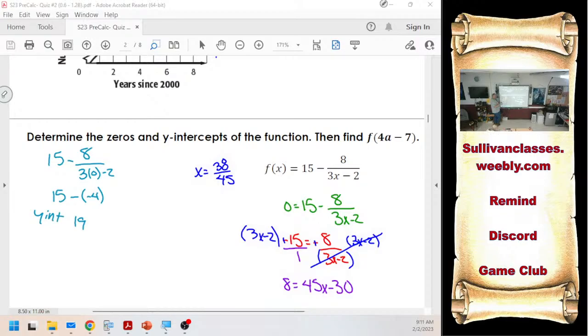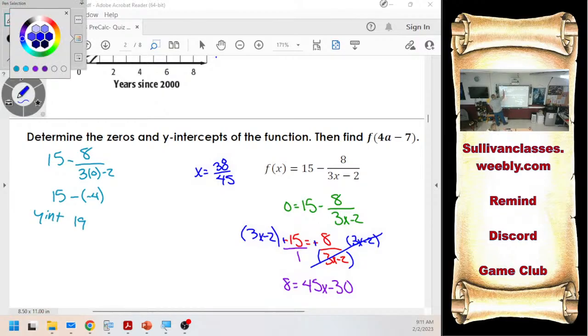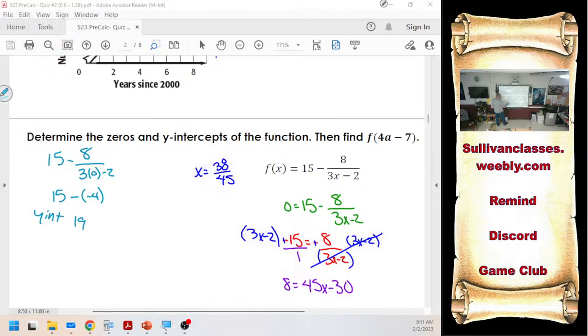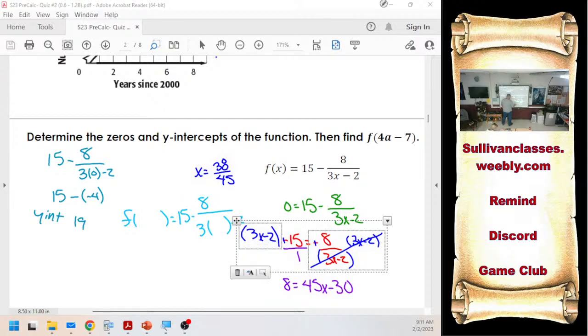All that stuff. If I have the function of thing, it's 15 minus 8 over 3 times thing minus 2. Get rid of this. It's unnecessary.